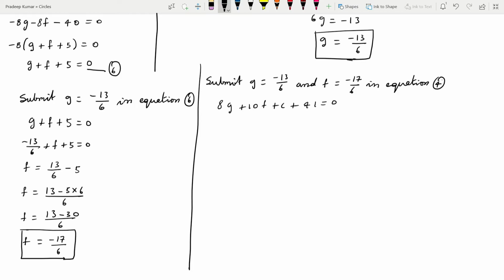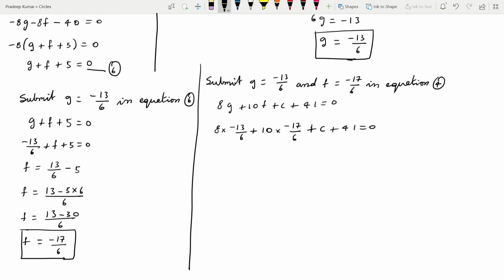So I'll just substitute g and f over here. Let's see what do we get. 8 into the g is minus 13 by 6 plus 10 into f is minus 17 by 6, whereas the plus c we just have to write as it is, where we are just finding out the c value here. So this is 8 into minus 13 by 6, plus 10 into minus 17 by 6, plus c plus 41 equal to 0 is the equation which we have.